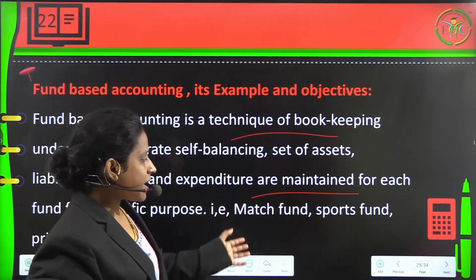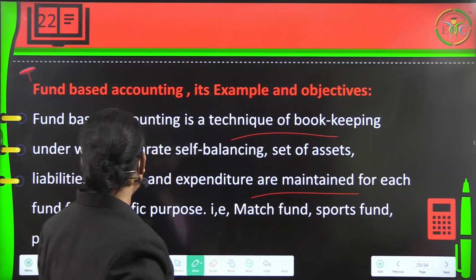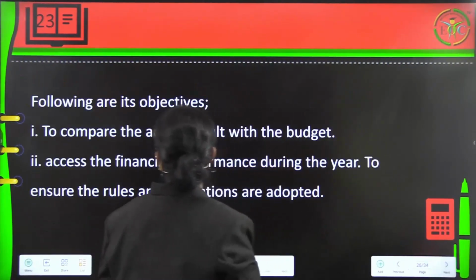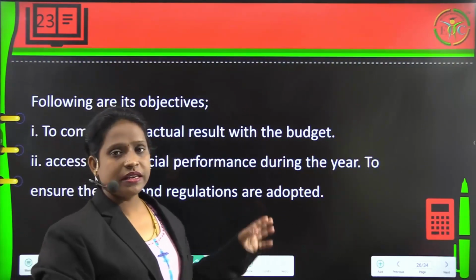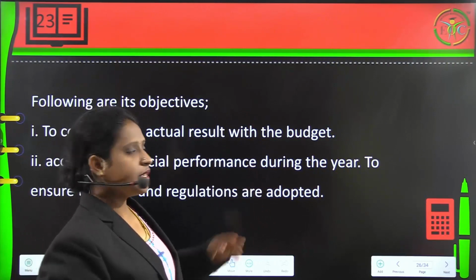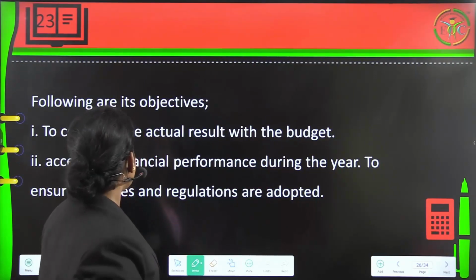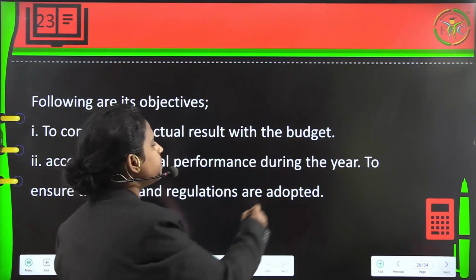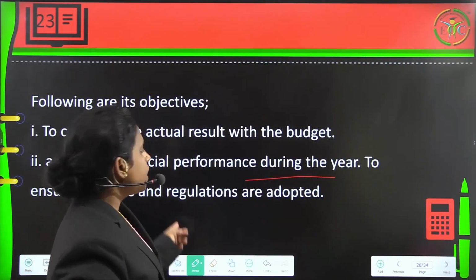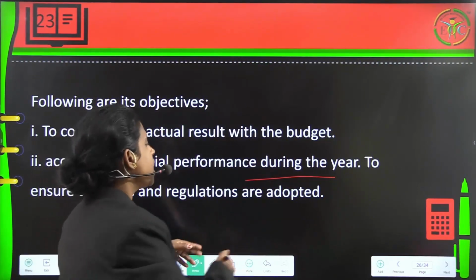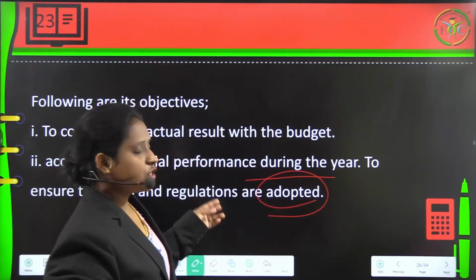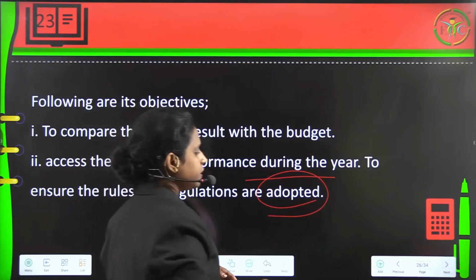That might include a match fund, sports fund, prize fund, etc. Following are the objectives: to compare the actual result with the budget, assess the financial performance during the year, and ensure the rules and regulations are adopted.